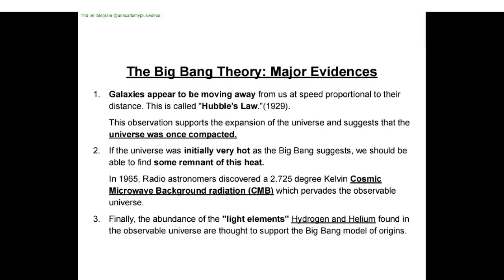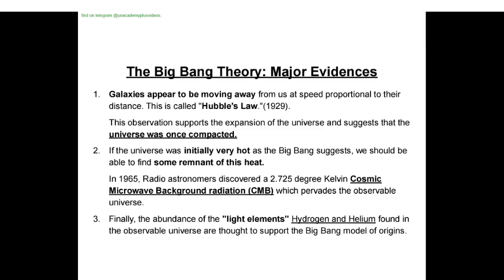The Big Bang Theory. Galaxies appear to be moving away from us at a speed proportional to their distance. This is called Hubble's law, 1929. This observation supports the expansion of the universe and suggests that the universe was once compacted. If the universe was initially very hot, as the Big Bang suggests, we should be able to find some remnant of this heat.